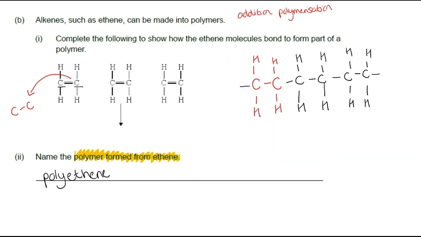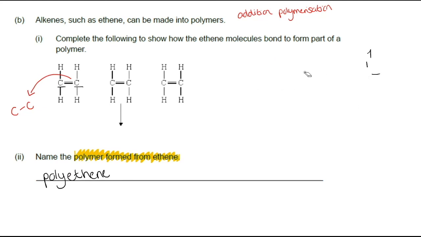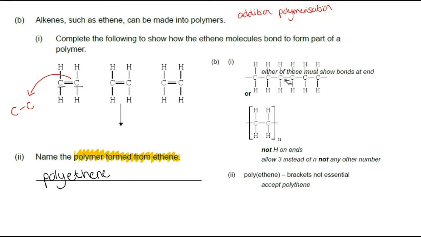So if we look at the exam question paper, let me just get rid of my drawing. If you look over here, it says either of these must show bonds at the end, as you can see over here. So you can draw it open, or you can draw the repeating unit like this, okay?